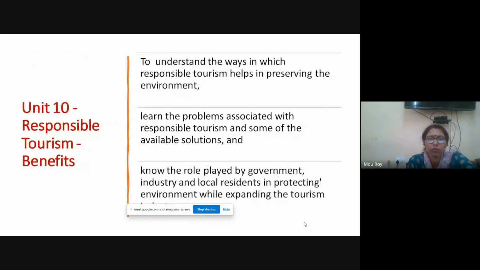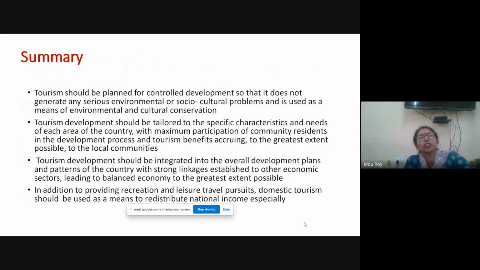So, in summary, I would like to summarize that tourism needs to be planned properly for controlled development so that it does not generate any serious environmental problems or socio-cultural problems, and it should be used as a means for cultural conservation as well as environmental conservation.